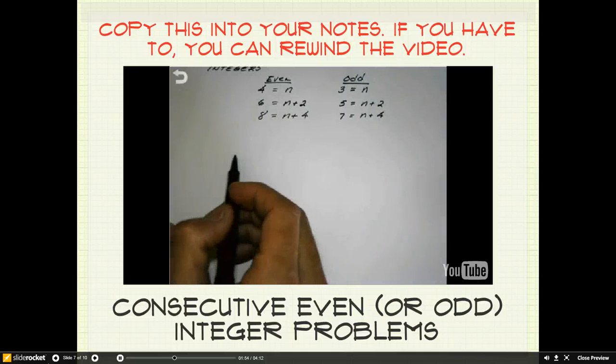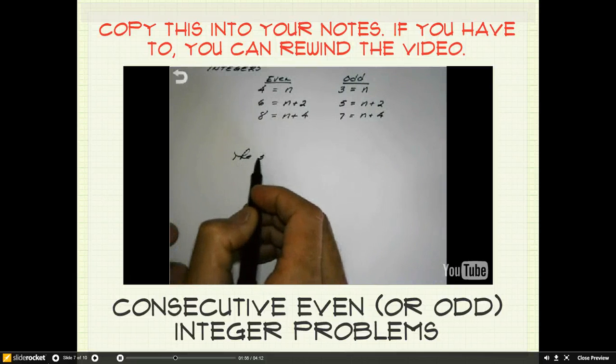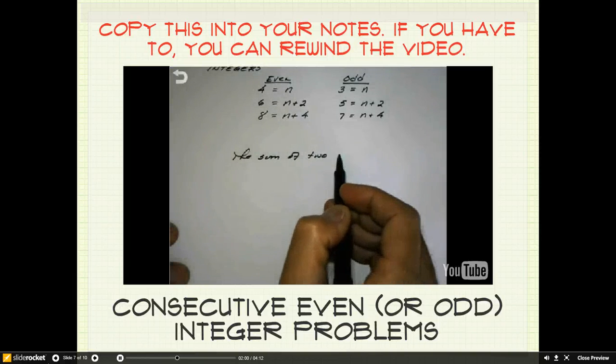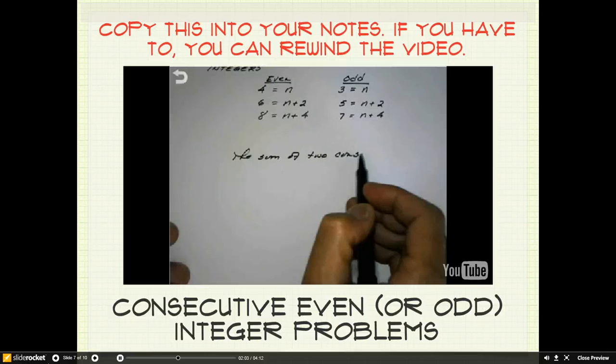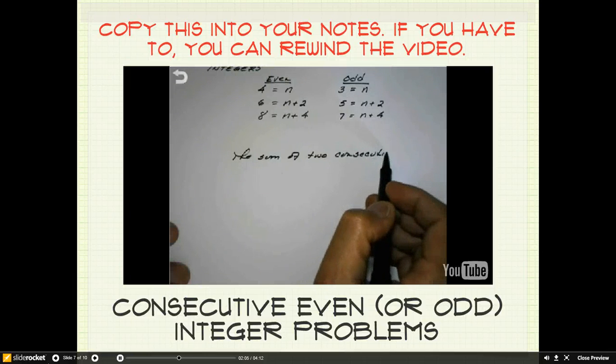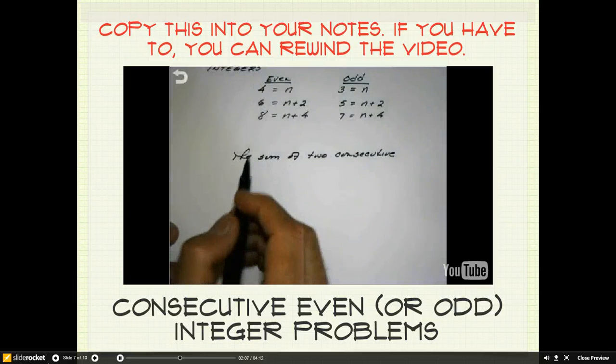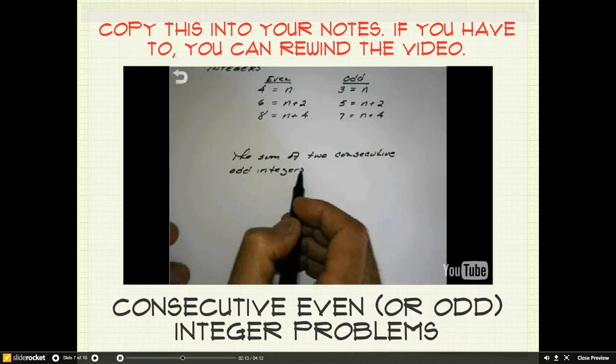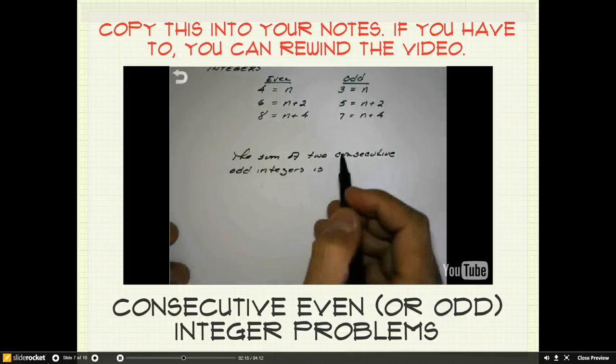The sum of 2 consecutive odd integers is 56.